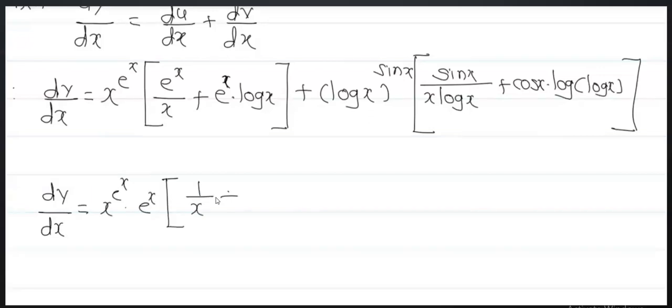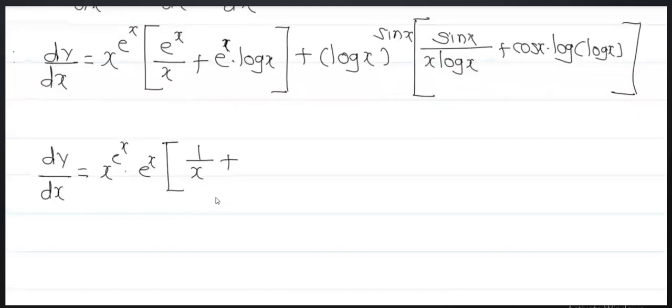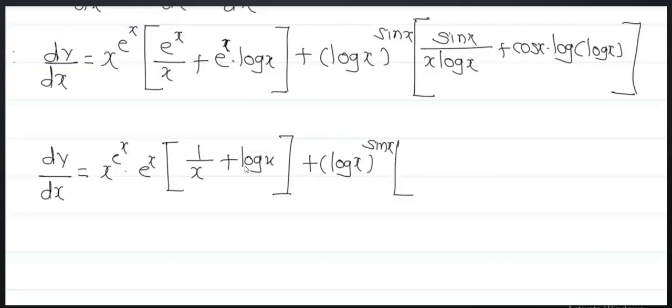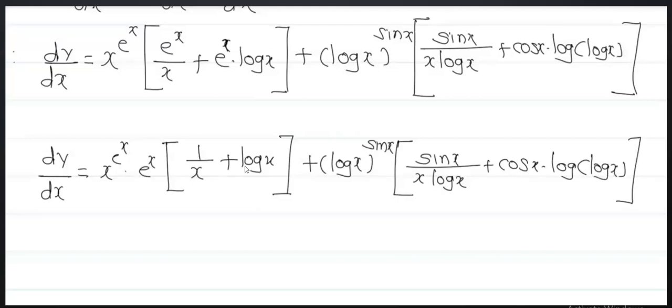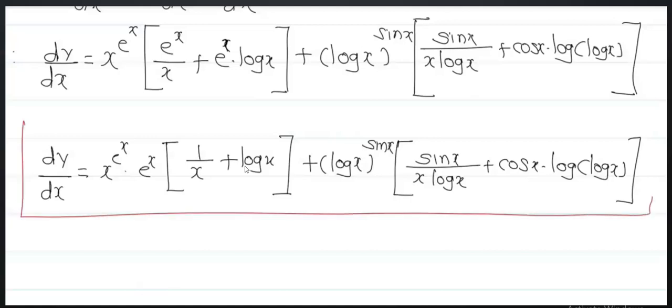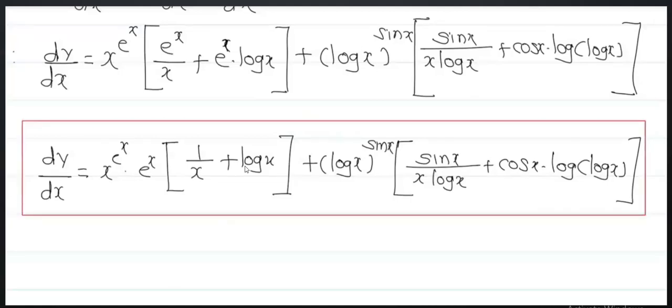That is, x raised to e raised to x into e raised to x. If we take e raised to x as common, then in bracket 1 upon x plus log x, plus log of x raised to sin x upon x log x plus cos x into log of log x, bracket complete. This is the answer.